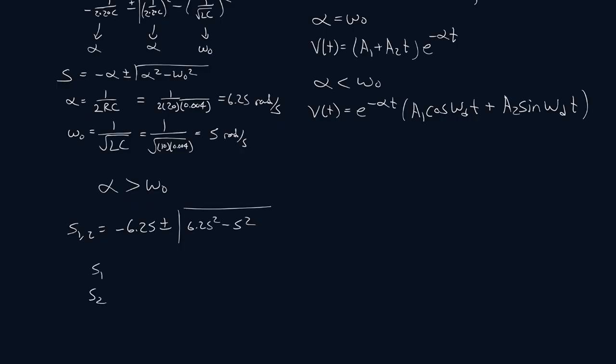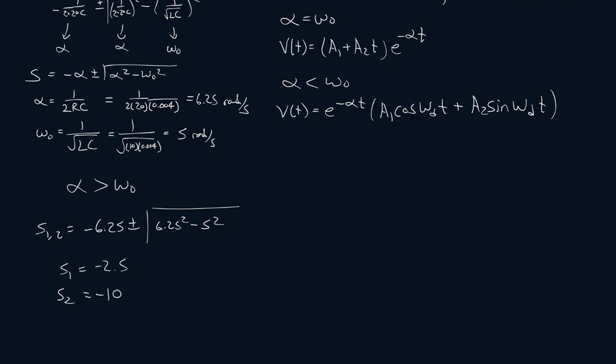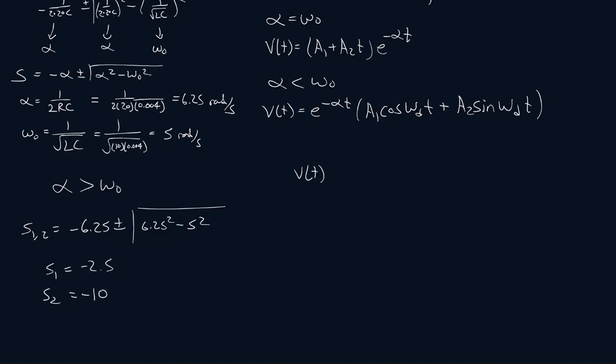So S1 and S2, let's see, those are respectively going to be equal to minus 2.5 and minus 10. Okay, so v(t) will be equal to A1 e^(-2.5t) plus A2 e^(-10t).